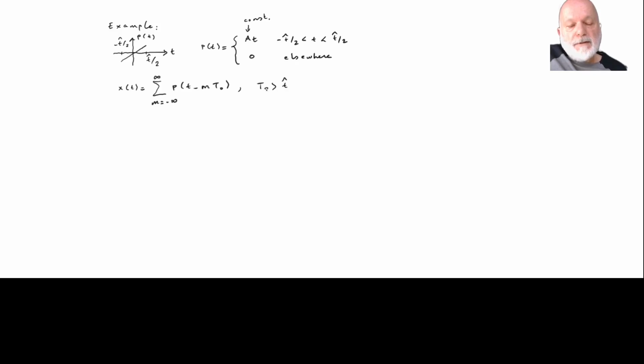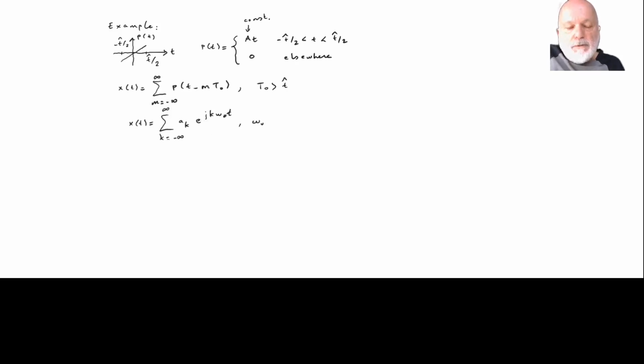For the case where t0 is equal to t cap, in fact, we get the sawtooth signal. Well, x of t will have a Fourier series representation, sum over k running from minus infinity to plus infinity of a_k e to the jk omega 0 t.